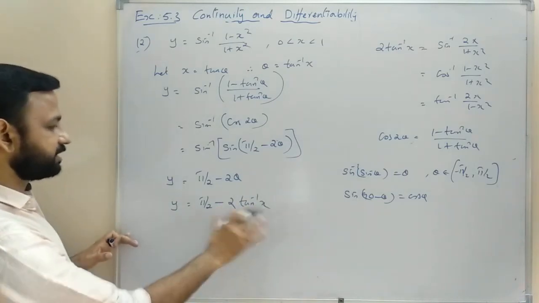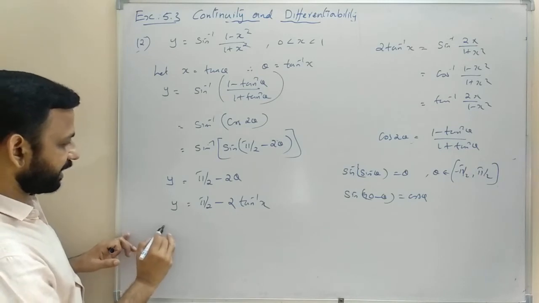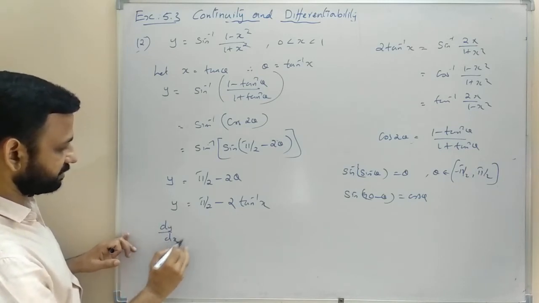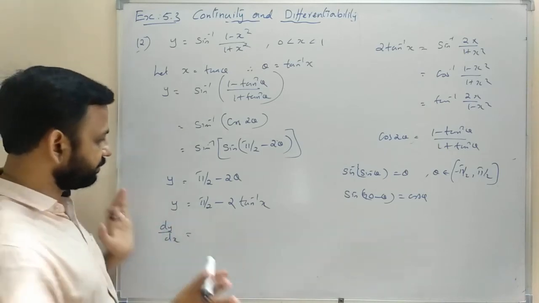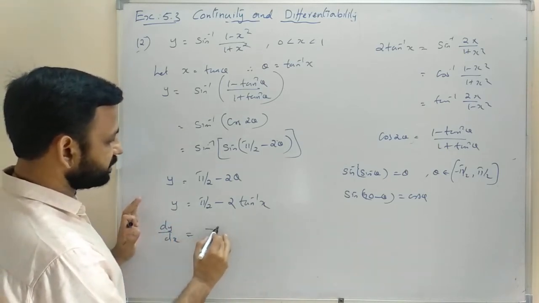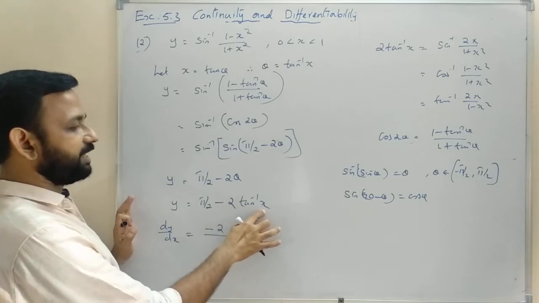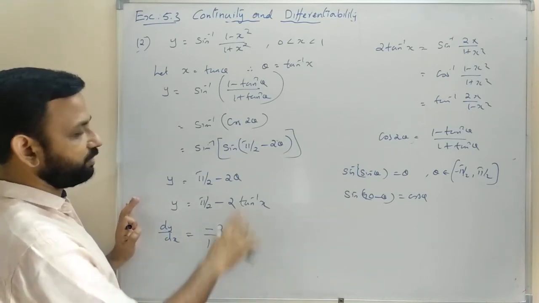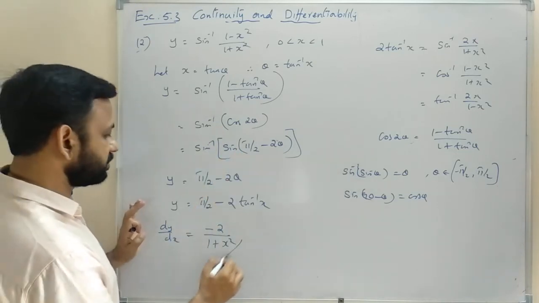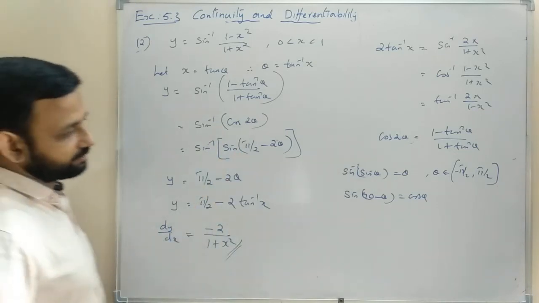Now it is in differentiable form, so we can find the derivative. Dy by dx is equal to the derivative of pi by 2, which is a constant, so its derivative is 0, then minus 2 into the derivative of tan inverse x, that is 1 upon 1 plus x square. So minus 2 into 1 upon 1 plus x square. This is the answer, dy by dx.